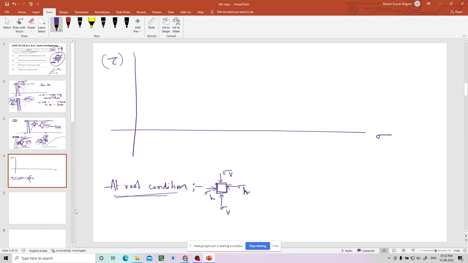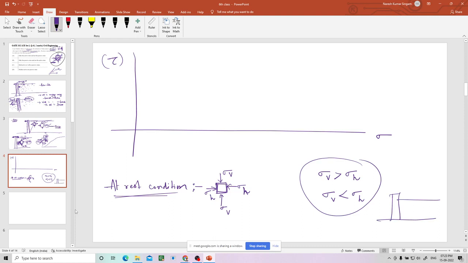Take any condition: sigma v may be more than sigma h, sigma v may be less than sigma h. Both can happen at rest condition. Suppose the wall is not moving and there is some soil; you take any element, sigma v can be more than sigma h, or sigma h more than sigma v, anything. Let us consider sigma h is more than sigma v.